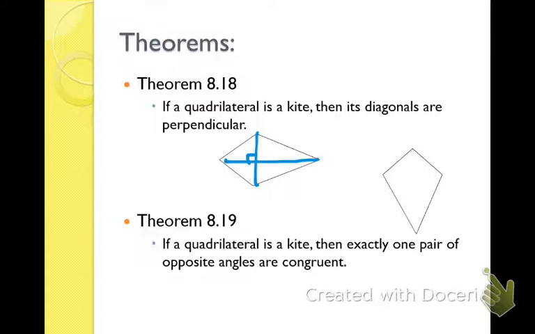The next theorem. If a quadrilateral is a kite, then exactly one pair of opposite angles are congruent. One pair. So in this kite here, which pair do you think is congruent?